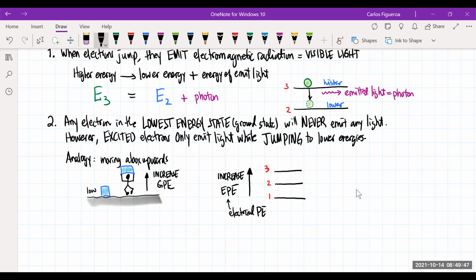So as an electron moves up, there's an increase in energy. So you could imagine that this is the electron with the lowest energy. That's the ground state energy.